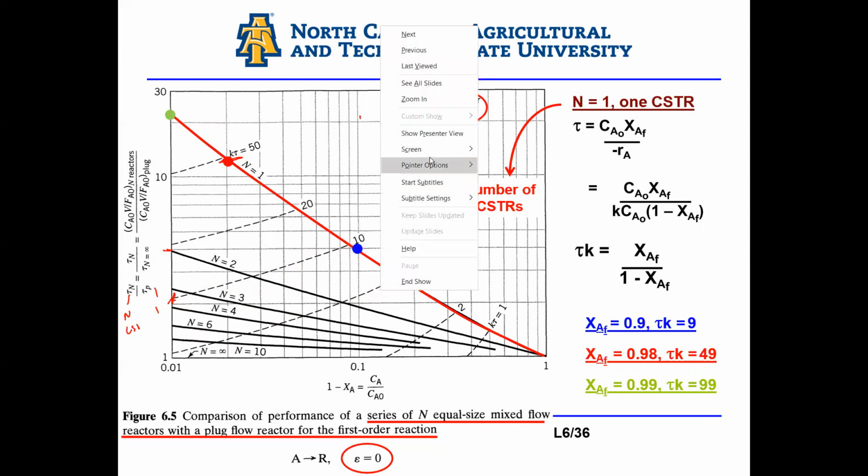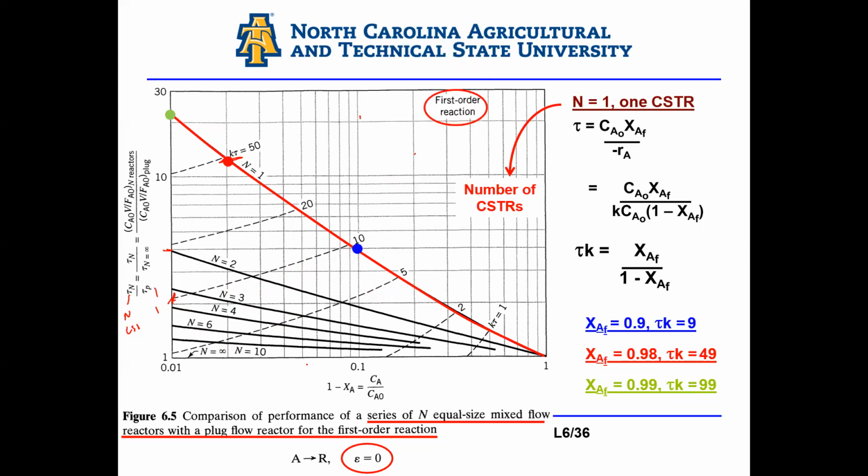Okay, so let's say I want to achieve a conversion of 0.98, so I want to reach this line right here, and my original CSTR has a volume of, let's say 5. So this is my original CSTR, with a tau k of 5.